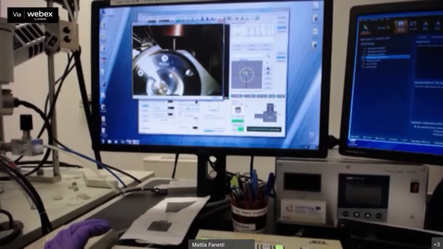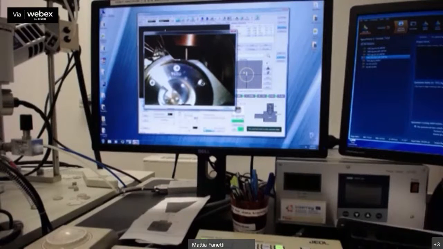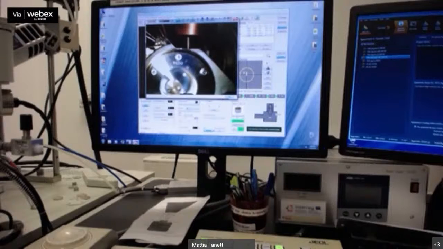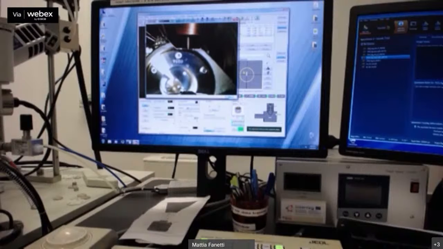In the meantime that I wait for the vacuum, I can put the position for the sample and decide which energy of electron beam to use and which current and so on. So first of all, I put the sample in close position to the column. Okay, so this is the sample.